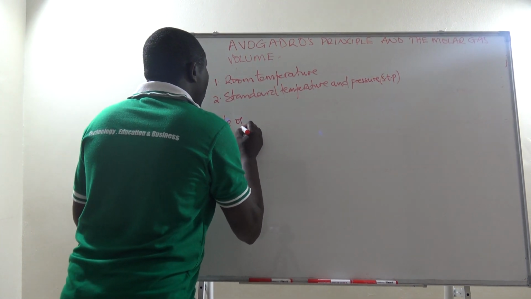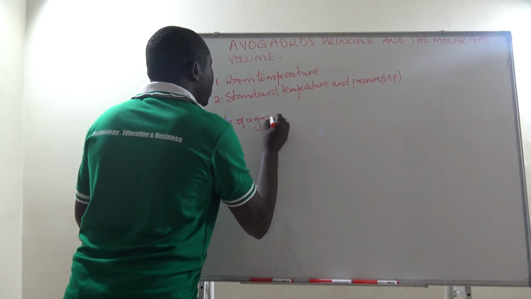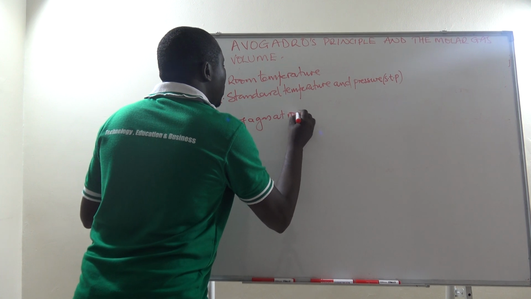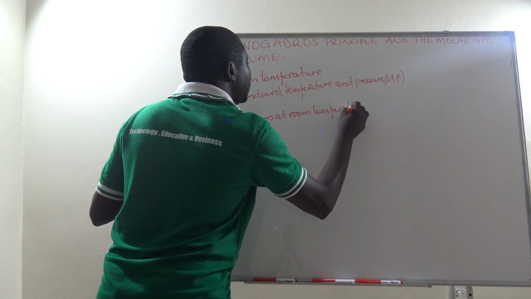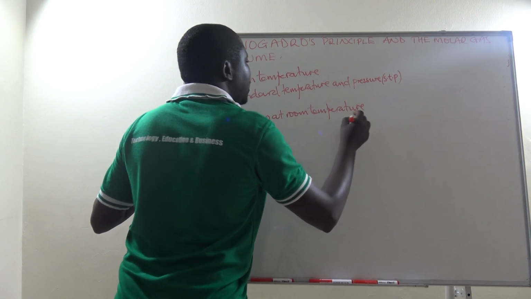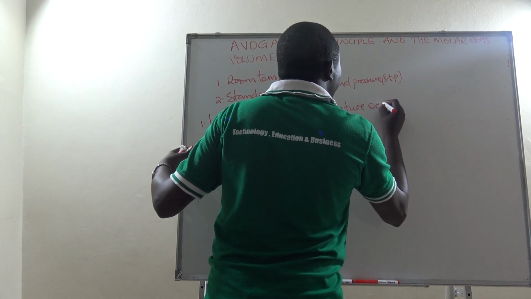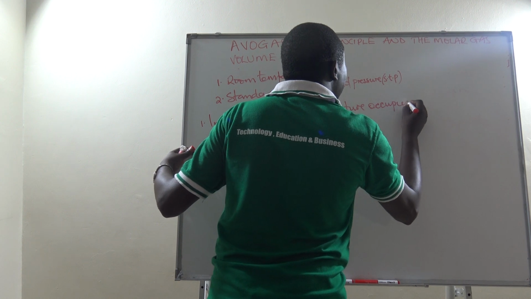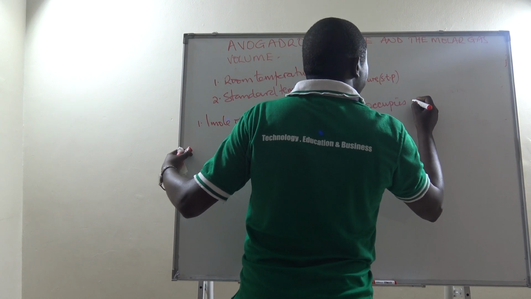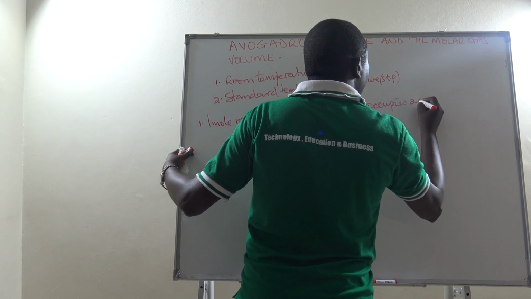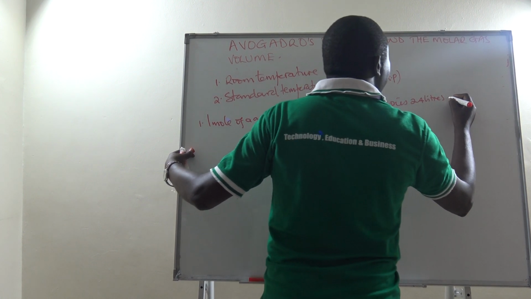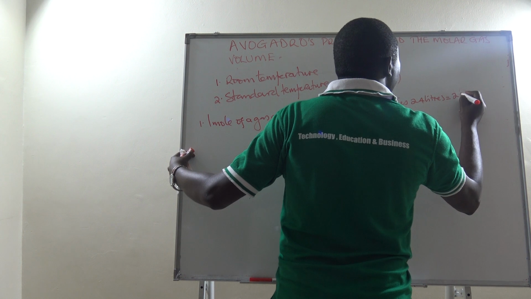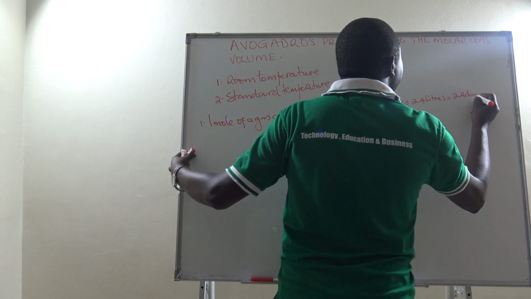1 mole of a gas at room temperature has a volume, that means the space which it occupies, of 24 liters, and the 24 liters is the same as 24 cubic decimeters.